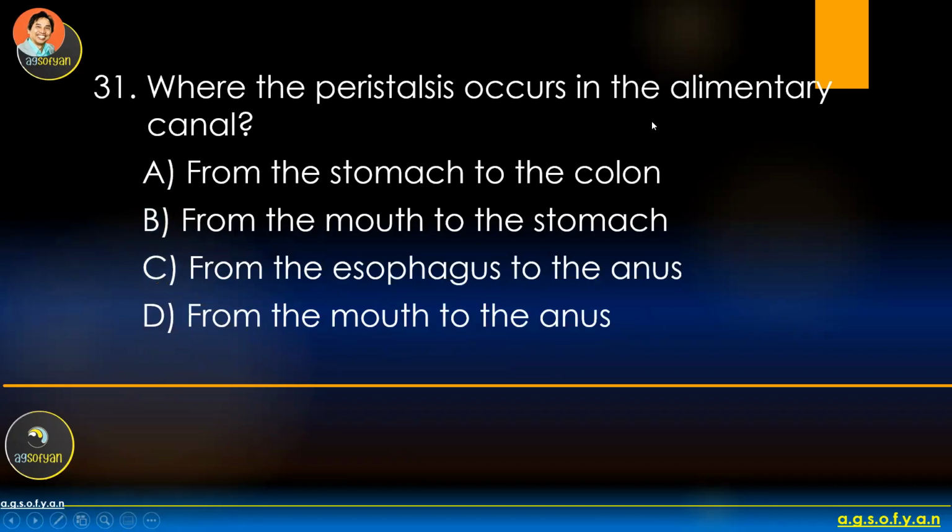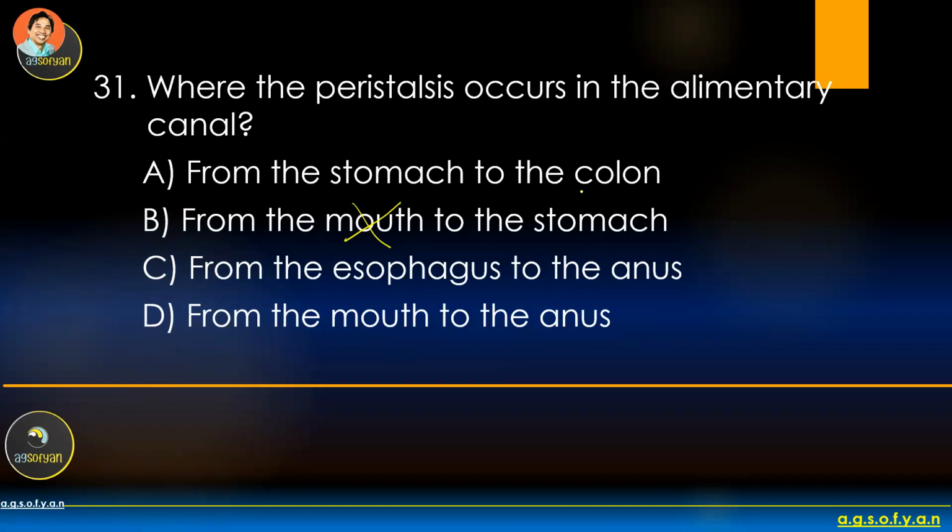Where does peristalsis occur in the alimentary canal? A, B, C, or D? Remember, alimentary canal starts from the mouth, but in the mouth there is no peristalsis. You have mastication. So mouth will not be the answer.